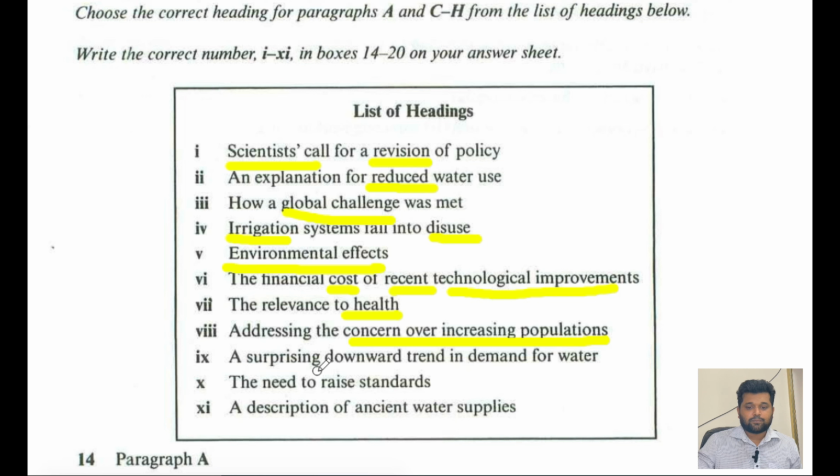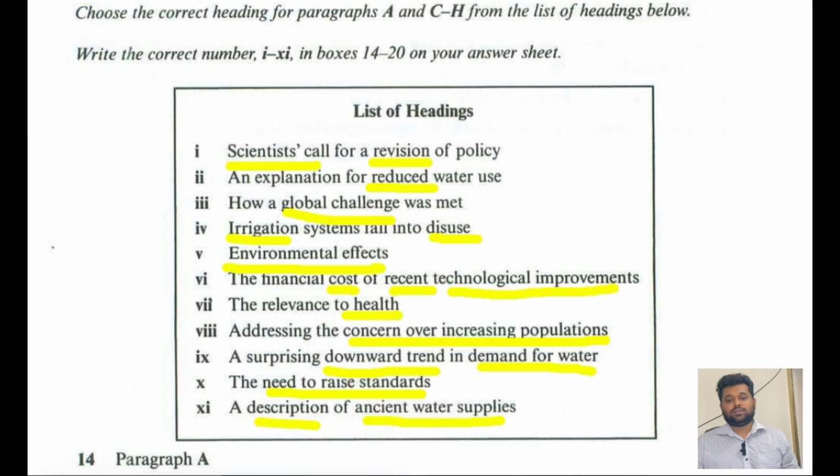A surprising downward trend in demand for water. Okay, here we can write downward trend, demand for water. The need to raise standards. A description of ancient water supplies. Okay, so we have done the keywords from the headlines.